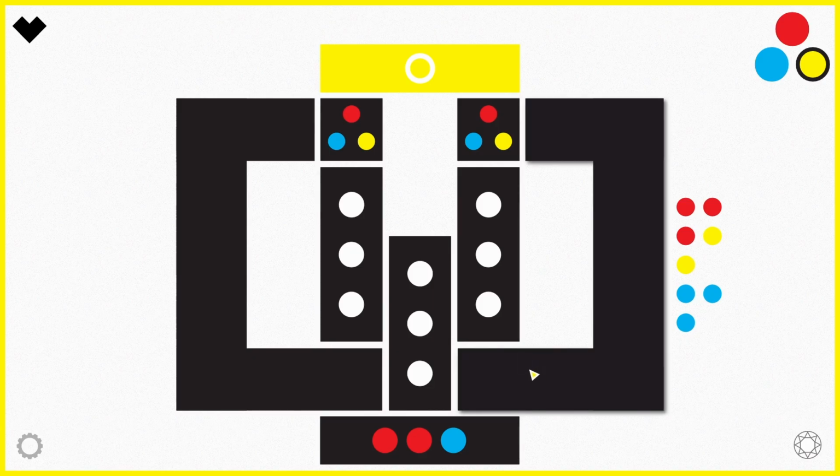If the two of those were the same color, this would be a different color. If both of those were red, that would be blue. If both of those were blue, it wouldn't work. At least one of these must be red, which means at least one of these must be blue. If I were to make this blue, we would have red and red and red, and that would be three reds.